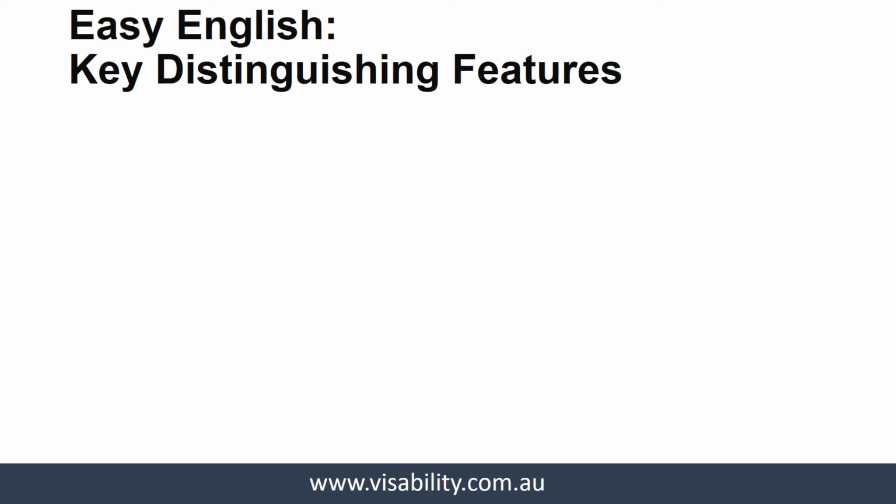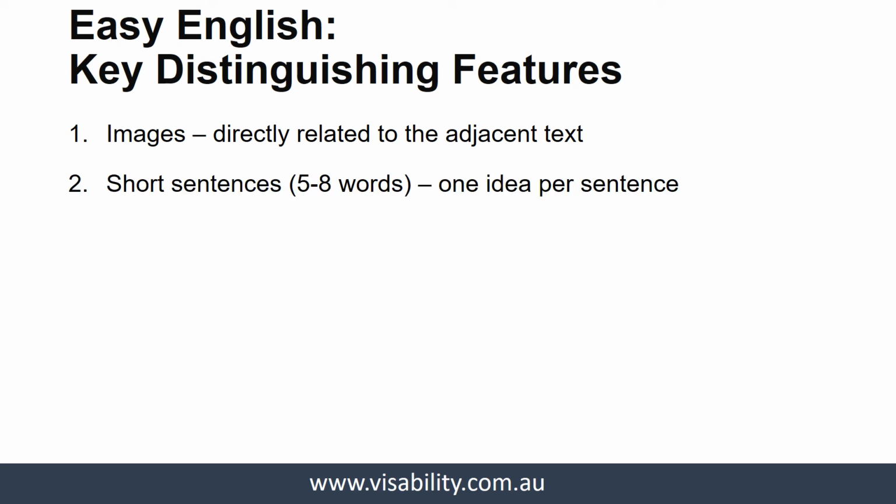This slide covers the key distinguishing features of Easy English. The first is that Easy English uses images that are directly related to the adjacent text. Short, sharp, to-the-point sentences, 1 idea per sentence, and 5 to 8 words per sentence.